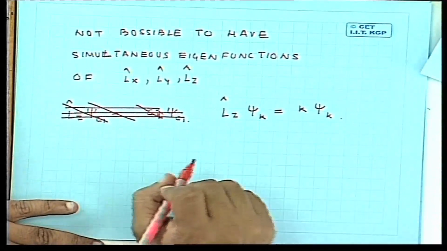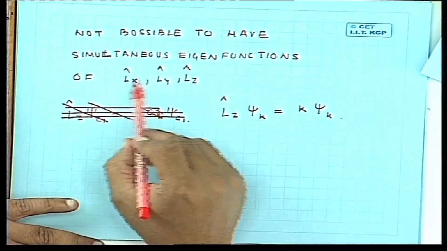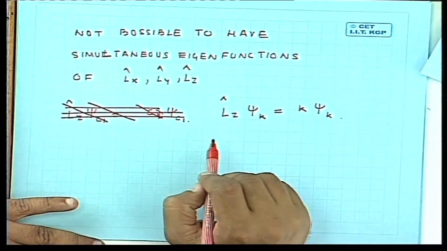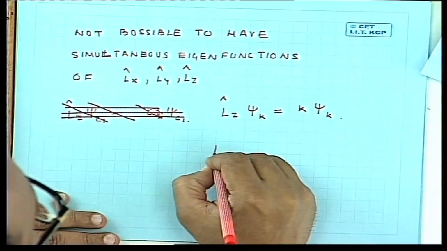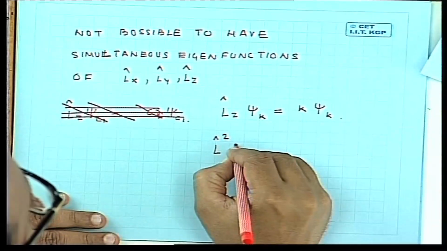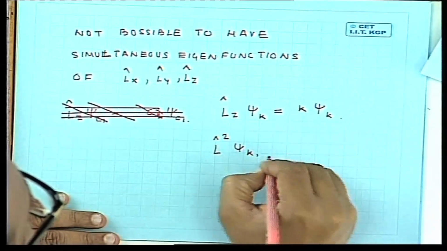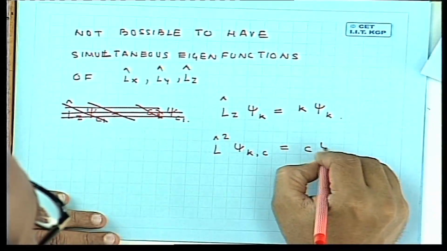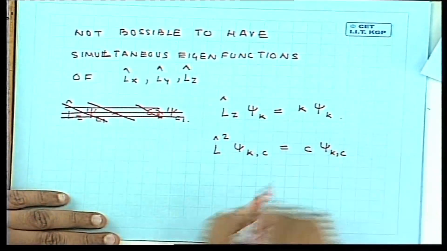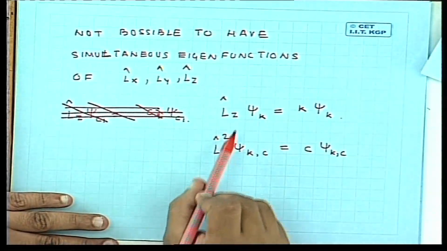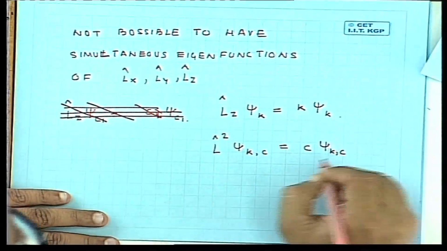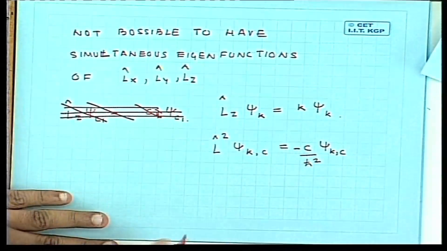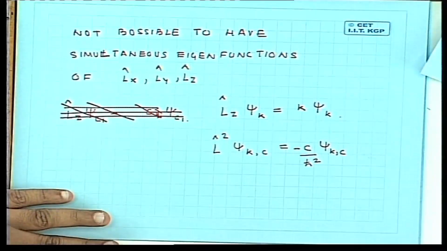L squared commutes with all three of them. So this psi_k will also be an eigenfunction of L squared, and it will give us some number, let us say C. So I can have simultaneous eigenfunctions of Lz and L squared.